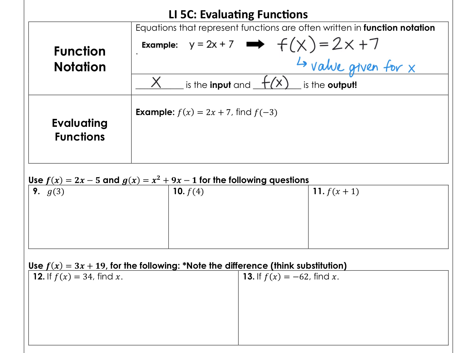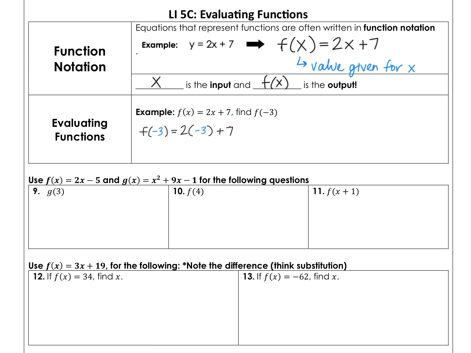So we're going to do an example here. Example: f of x is equal to 2x plus 7. You've probably done this before. Find f of -3. So you take a -3, and we'll try to color code today. We are putting -3 into that spot, so I'll write the rest of the equation. Anywhere I see an x, I'm going to put -3. There's no multiplication to do on the left.